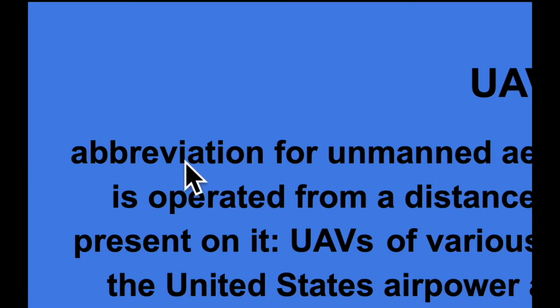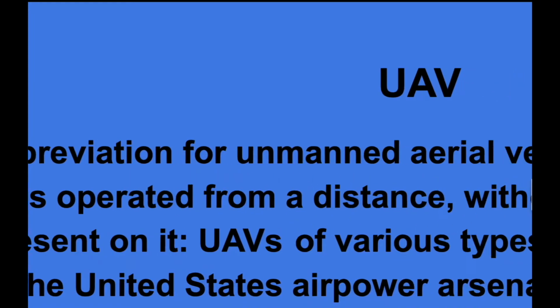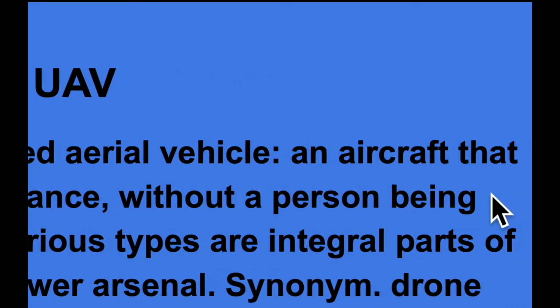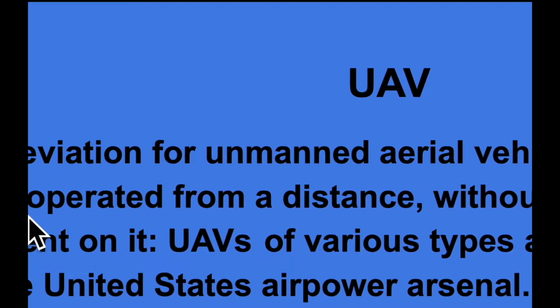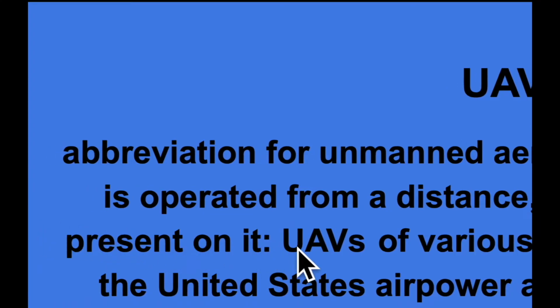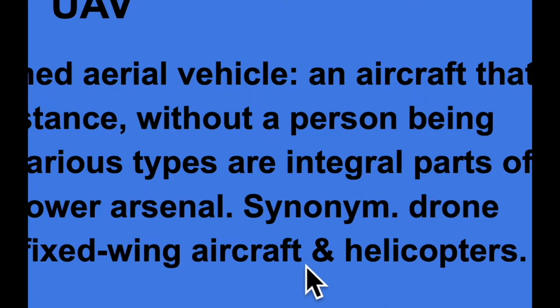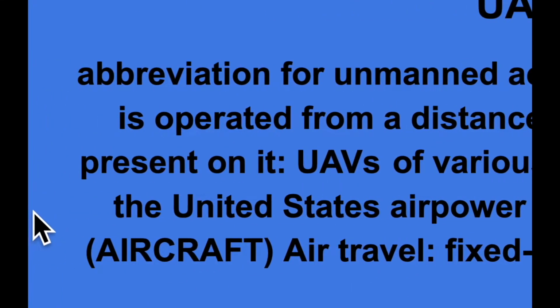So a UAV is the abbreviation for an unmanned aerial vehicle, which is an aircraft that is operated from a distance without a person being present on it.